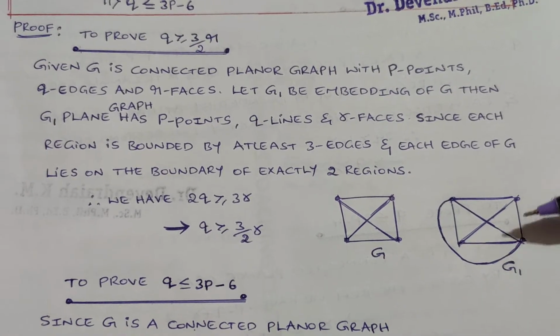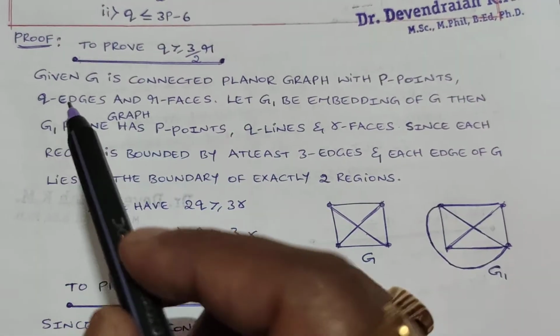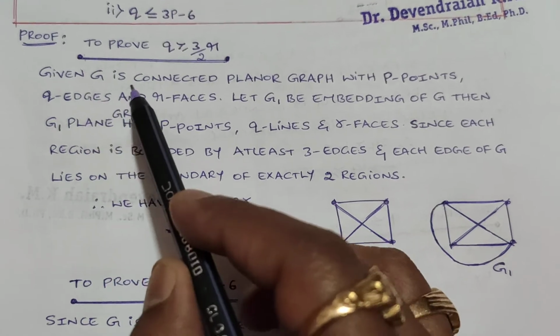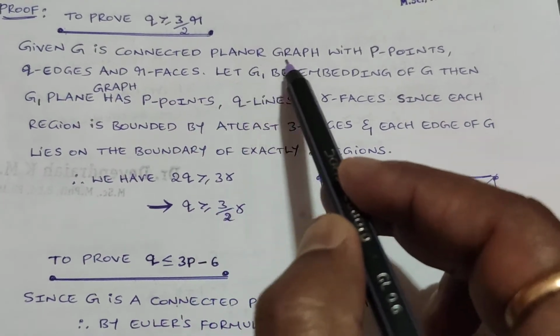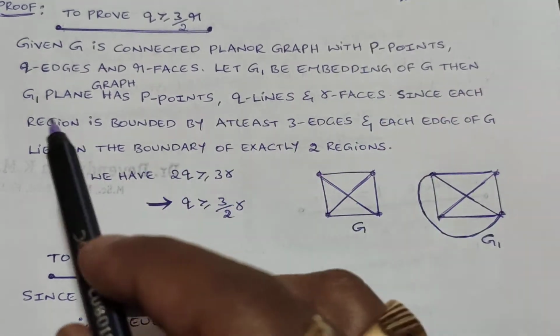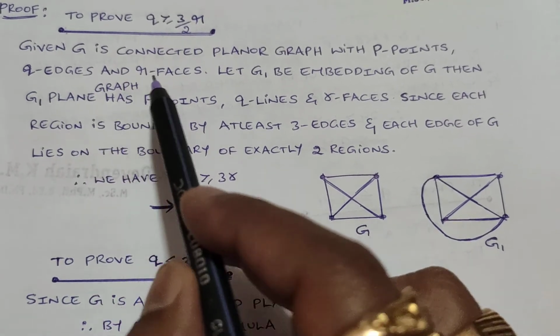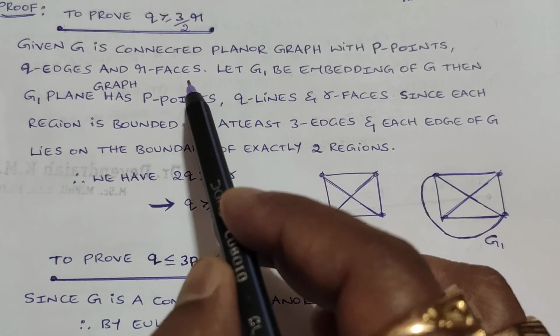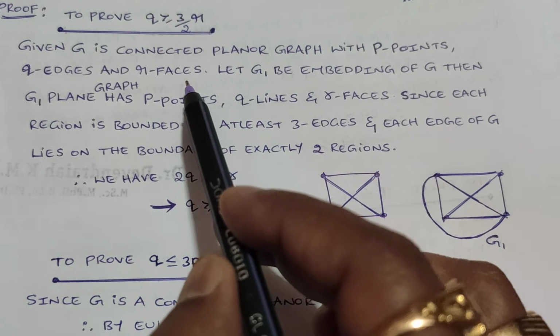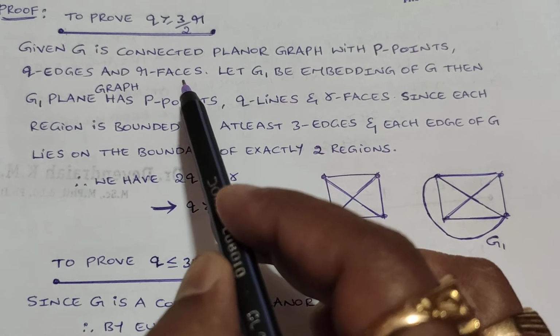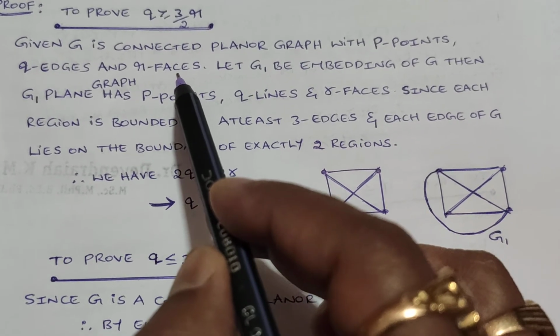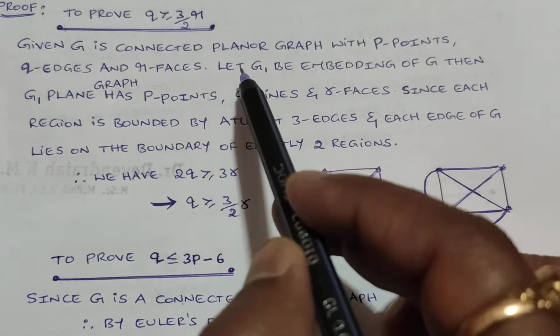Here it is given that G is a connected planar graph with P points, Q edges and R faces. So in the given data itself, we have P points, Q edges and R faces.